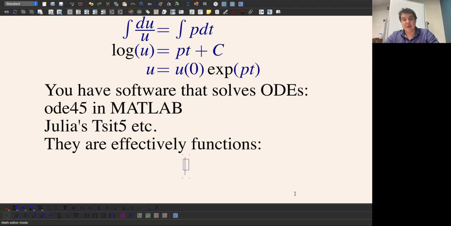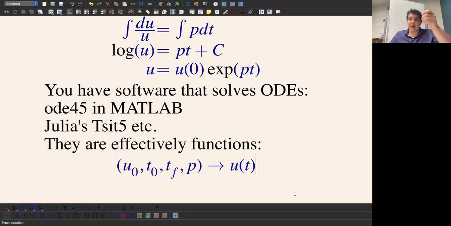They take in u0, they take in what your initial time is, what your final time is, and what your parameters are, and they spit out this u of t representation, like an array of time points for the solution at all points in time.